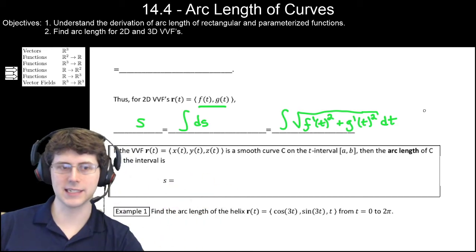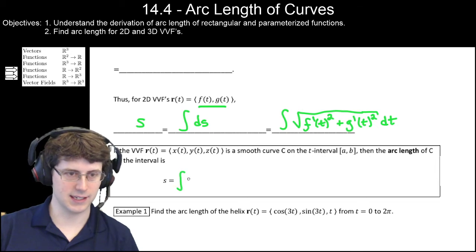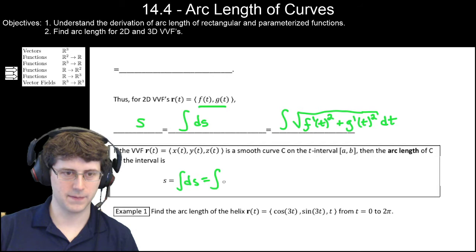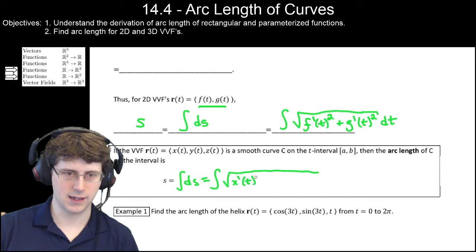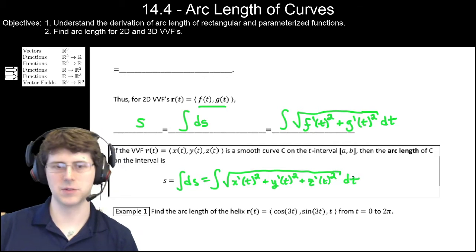All of the same ideas still work in more dimensions. So you'll get to say that s is still the integral of ds, and you'll get a similar formula, except now you'll need to include x, y, and z. The integral is still with respect to t.